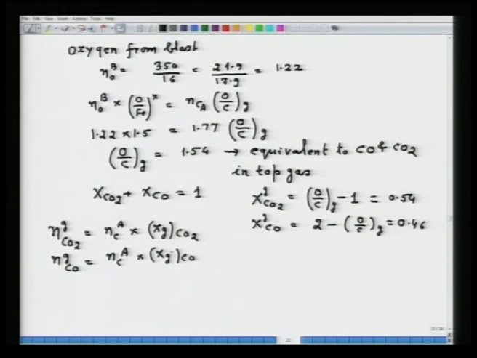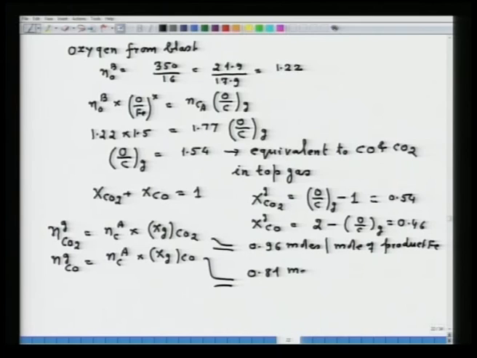So, I have to multiply this value. So, n_G,CO2 will be 0.96 moles per mole of product iron, and n_G,CO will be 0.81 moles per mole of product iron.